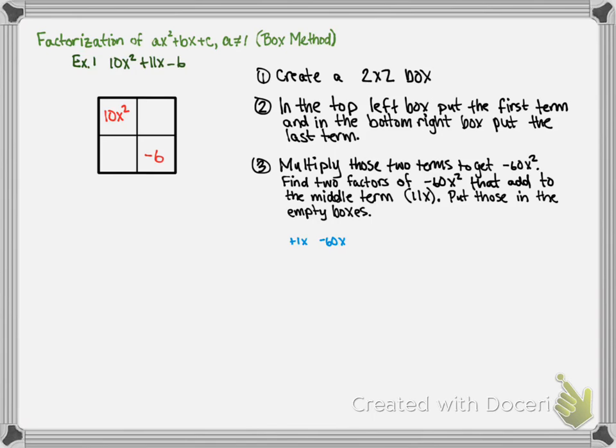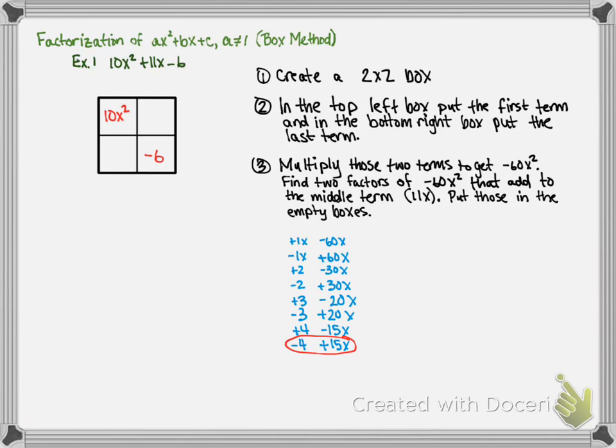So to make a negative 60x squared, I could have positive 1x times negative 60x, negative 1x times positive 60x, positive 2x times negative 30x, negative 2x times positive 30x, positive 3x times negative 20x, negative 3x times positive 20x, positive 4x times negative 15x, negative 4x times positive 15x.